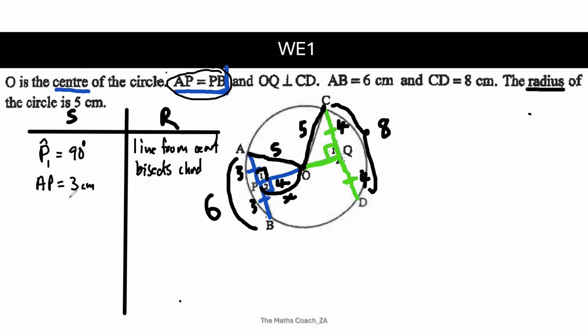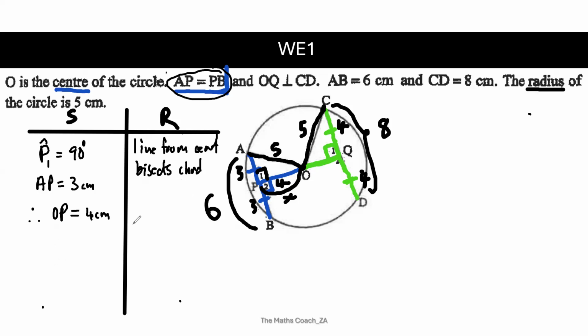We don't need to actually write those, but I'm going to write this because I've been given that thing bisects that. And so therefore we will go and say OP is equal to 4 centimeters. And the nice thing about paper 2, by the way, is that you are given an answer booklet. Because you are given an answer booklet, you will be able to indicate this on your sketch. So do not stress much.